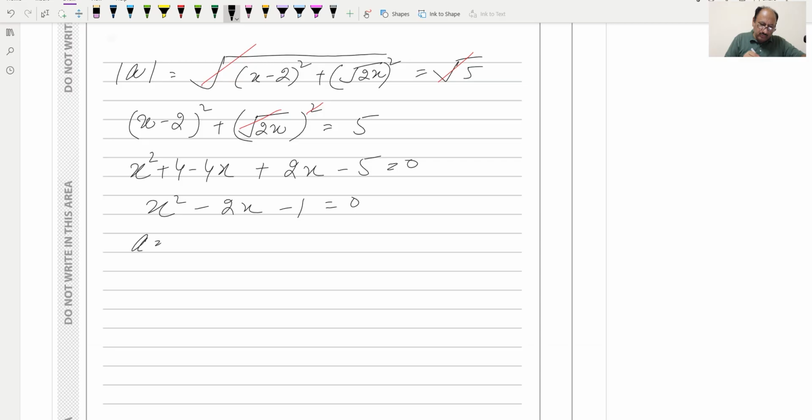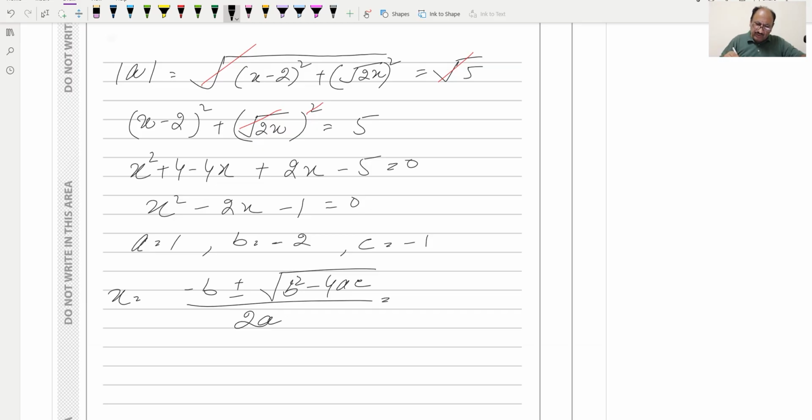So a value is equal to 1, b value is equal to minus 2, and c value is equal to minus 1. So x is equal to minus b plus minus square root of b square minus 4ac, over 2a. After replacing values, always replace values in brackets: minus b, plus minus the square root of minus 2 squared minus 4 into a which is 1 and c which is minus 1, divided by 2a, and the a value is 1.